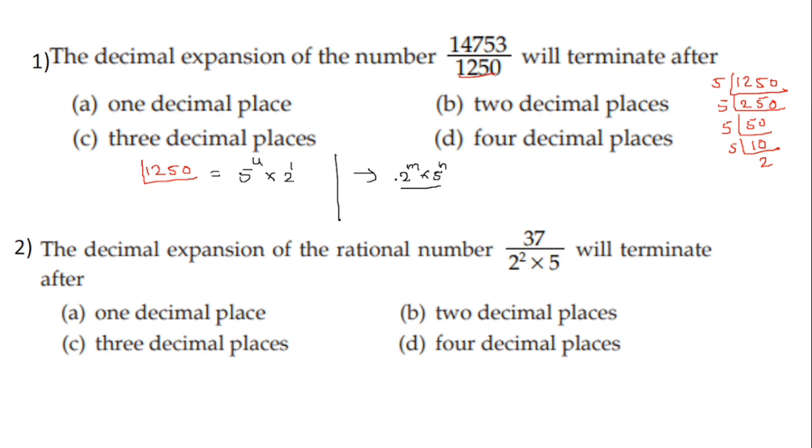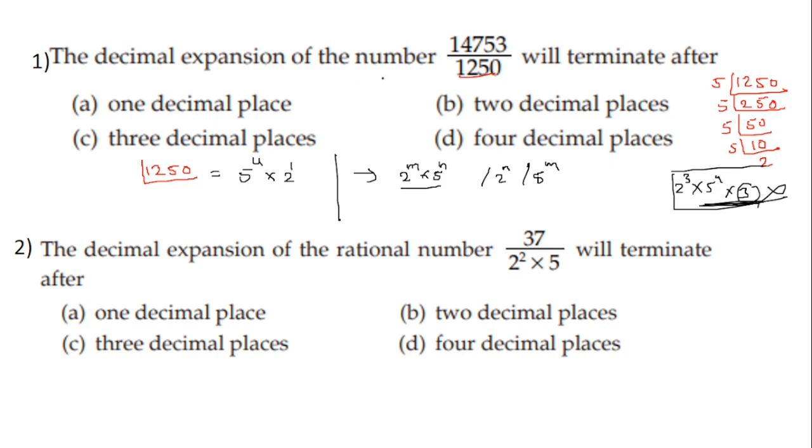It means multiples of 2s and 5s, or only 2s, or only 5s, but not any other. If there is 2 power 3 into 5 power 4 into 3, the 3 is extra. So it can't be expressed as a terminating decimal. It is non-terminating, non-recurring decimal.